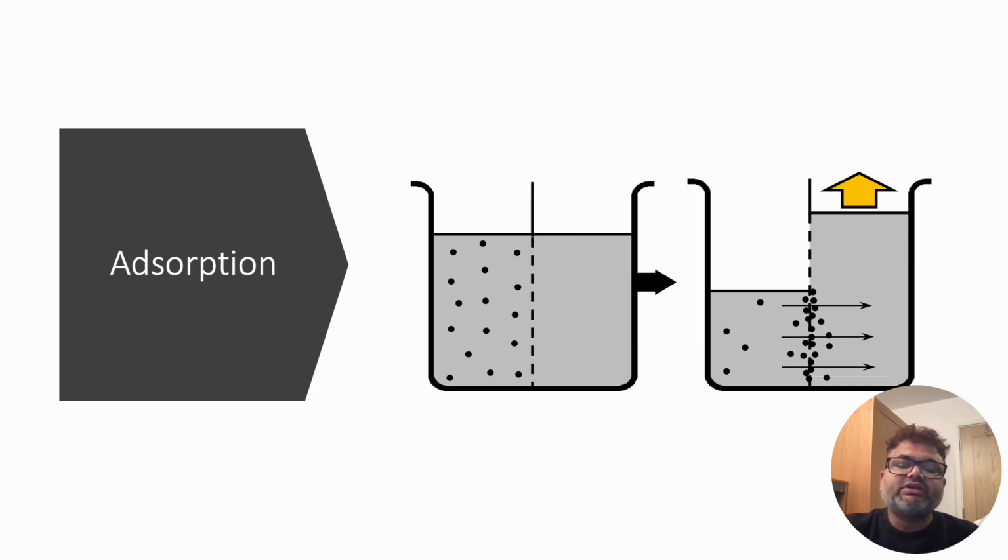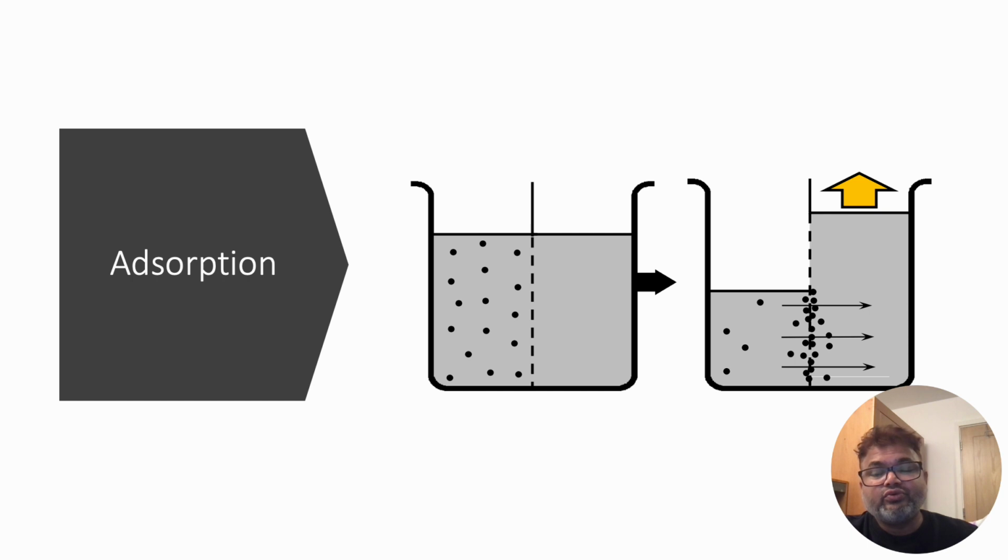So these are the mechanisms used in our CRRT machine. One is diffusion, which is used for hemodialysis. Another is convection, which is used for hemofiltration. The combination is used for hemodiafiltration.